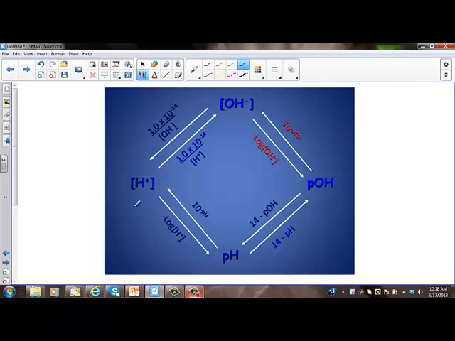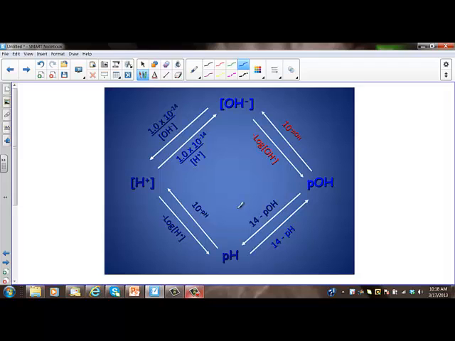This table kind of sums up everything about how you're going from H+ concentration to pH, or pH to H+ concentration, pH to pOH, and vice versa, and then my pOH to my OH- concentration, and my OH- to my pH, and then also between the H+ and the OH-.